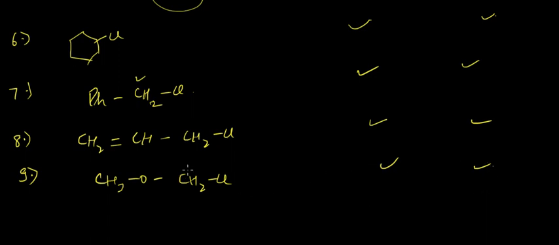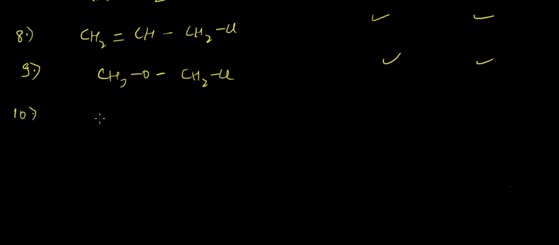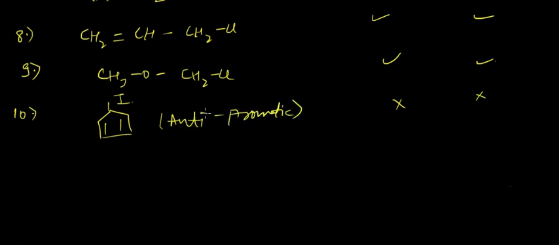Okay, let's take an example of this. In this case, SN1 and SN2 both will not take place because of the formation of an anti-aromatic compound in the intermediate or the product of the RDS, the rate determining step. Okay, let us see for this.